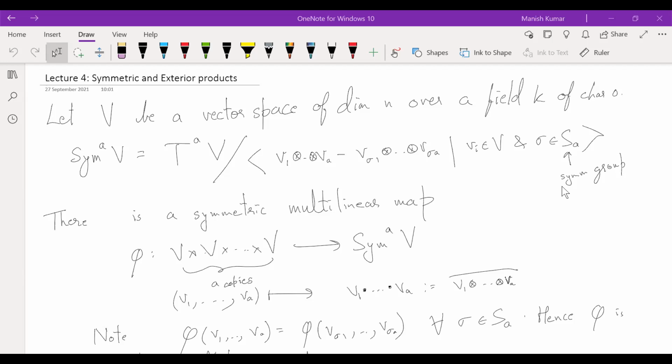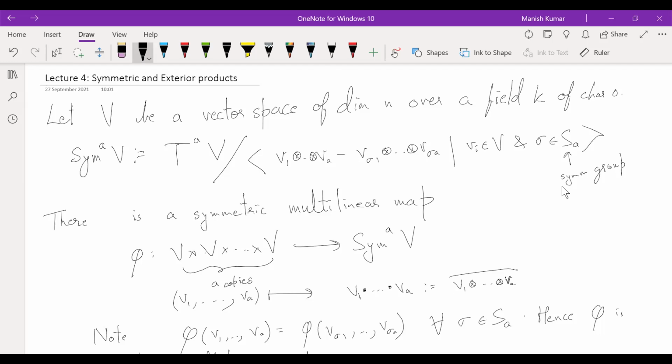So basically in Sym^A V, we don't want to distinguish between v1 tensor v2 and v2 tensor v1. We want to identify those two. So we quotient out by the subspace generated by these kinds of vectors. You can take that to be your definition of Sym^A V. Okay.